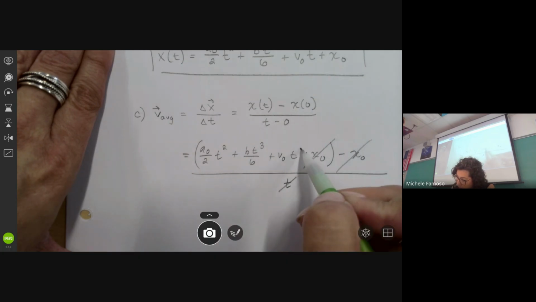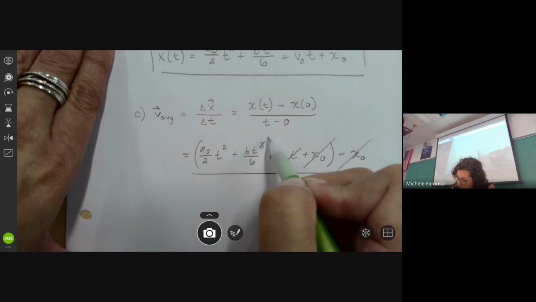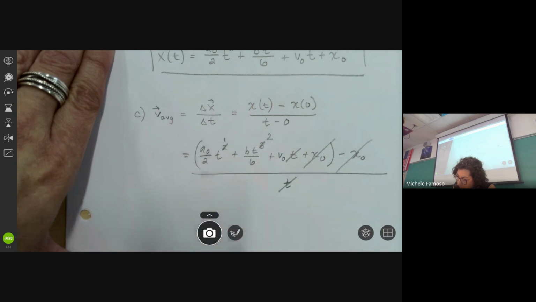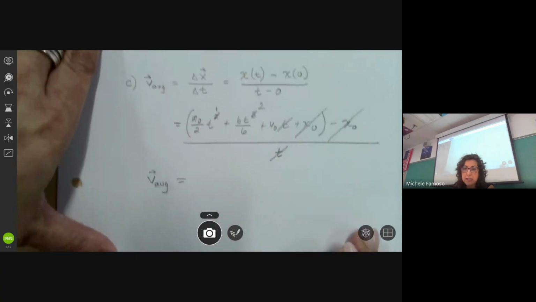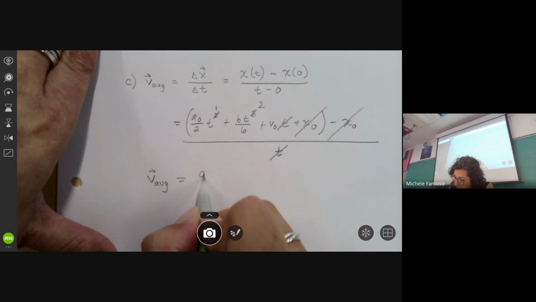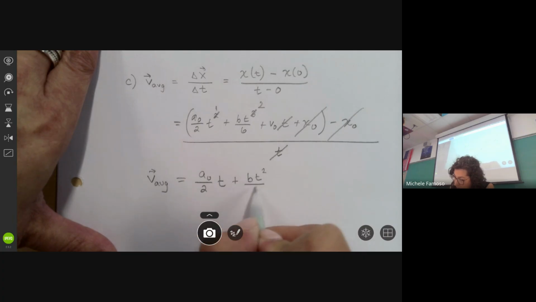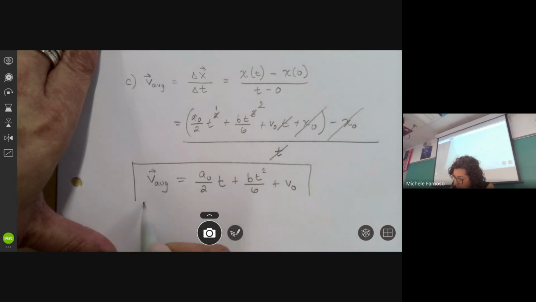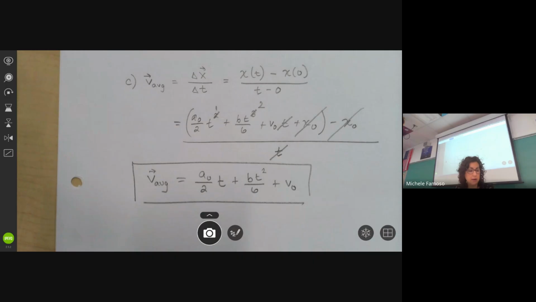This time will cancel that. This time will make that a square, and it will make that to the first power, leaving me with an average velocity expression of a0 over 2 times t plus bt squared over 6 plus v0. And that is my average velocity. Displacement over time.